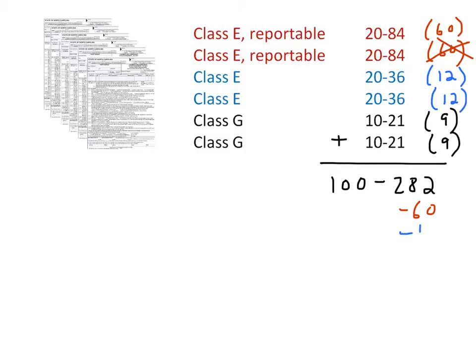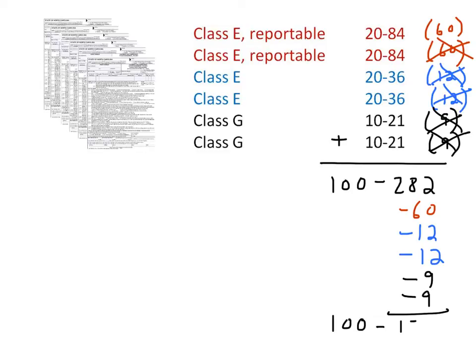It's going to subtract 12 and 12 again to get rid of both of these, and then subtract 9 and subtract 9 to get rid of both of these. And what that's going to leave you with, if you do the math, is a 100 to 180 month sentence.